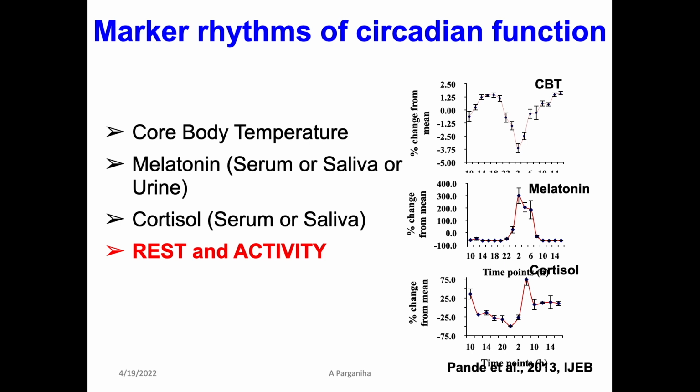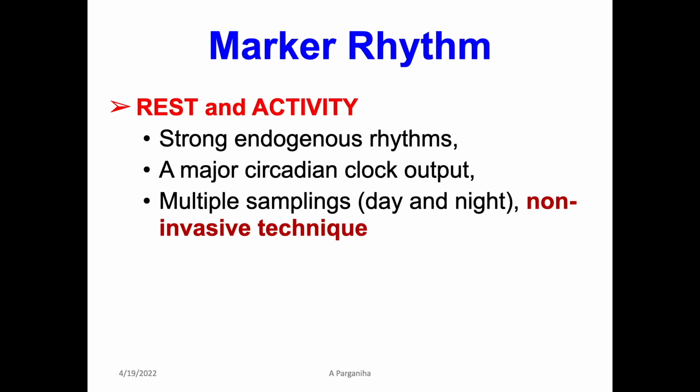Among all these, the rest activity rhythm has been widely used particularly for the study of chronotherapy. The rest activity rhythm has been shown to be endogenous in nature. This is considered as the major circadian clock output.